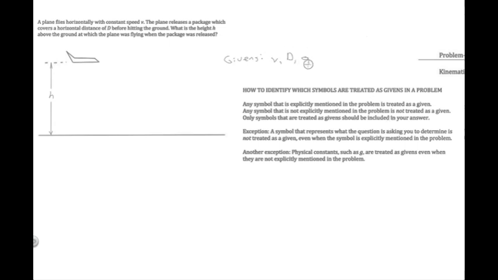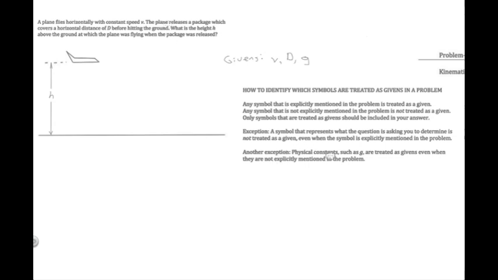But remember, there are a couple of exceptions. The symbol that represents what the question is asking you to determine is obviously not treated as a given. So we're not going to treat little h as a given. And the other exception: we should treat little g as a given, even though it was not specifically mentioned, because it represents a physical constant.